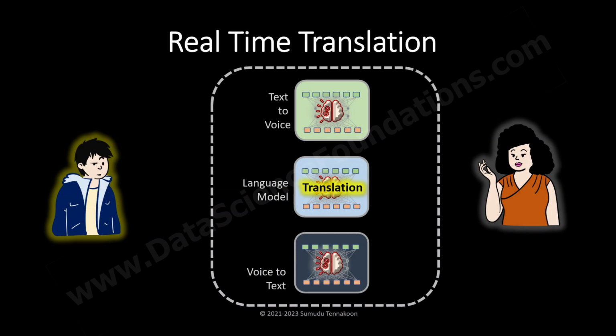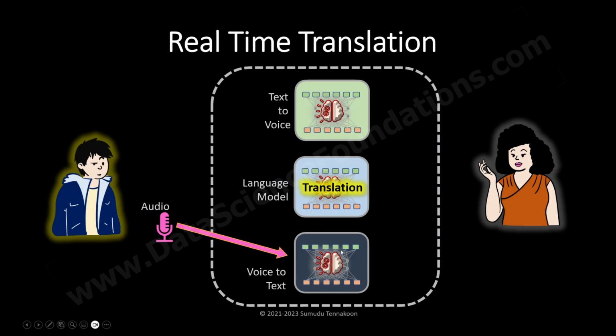So what is the workflow? Like the previous example, the person on the left side is speaking in a different language. That voice from a different language will be sent to the first model, which takes the voice as input and transcribes it to text.